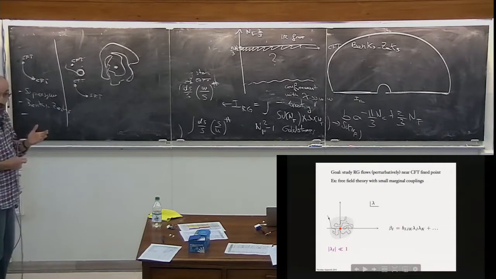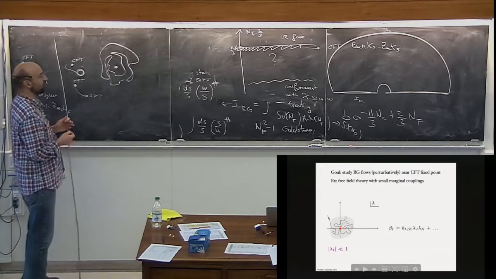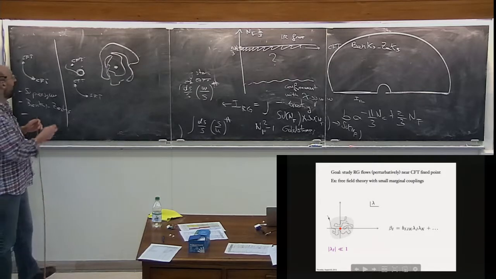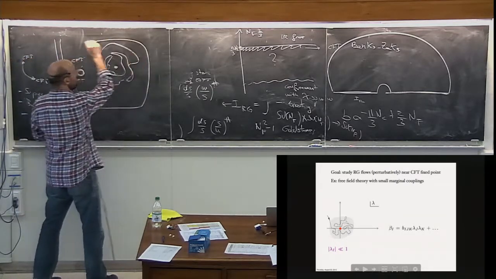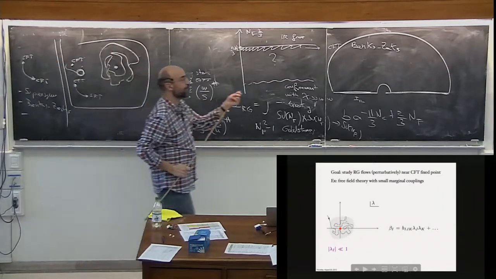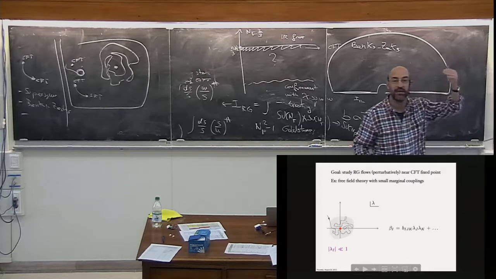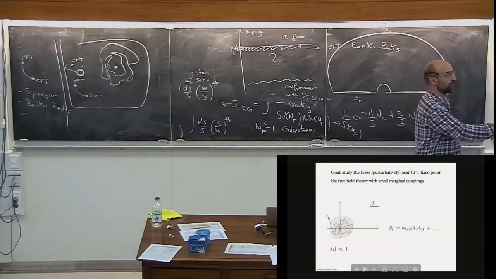Now, for what we see in the explicit examples, the question is: is there a general rule? And in order to see whether there's a general rule, whether I can prove that this is the only possibility, I make the assumption, okay, that the flow is always in a neighborhood of this fixed point. It doesn't go into a regime where I cannot view the theory as a small perturbation of this point.